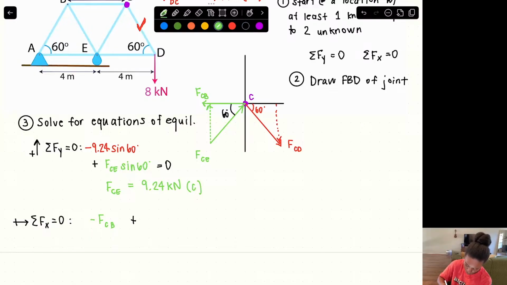Plus the x component of force CE, which is going to be 9.24 times the cosine of 60 degrees.